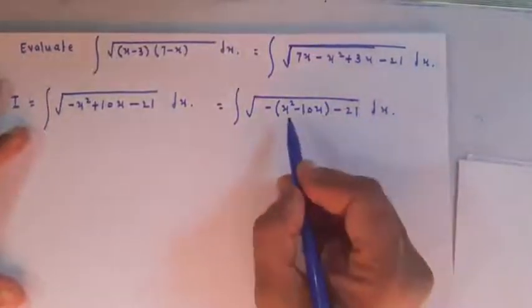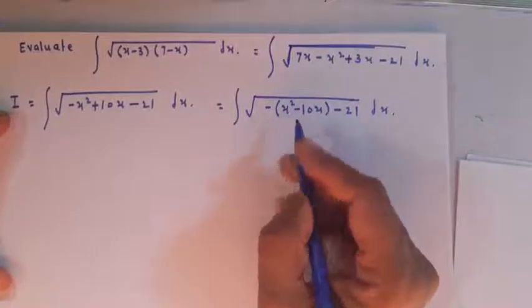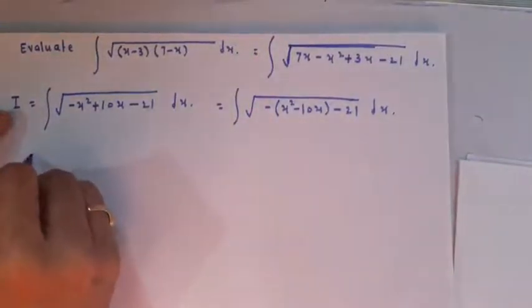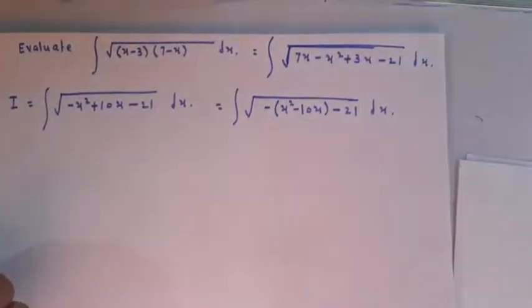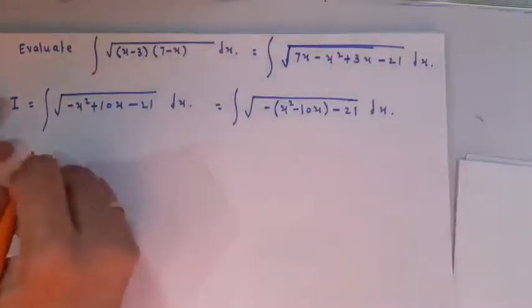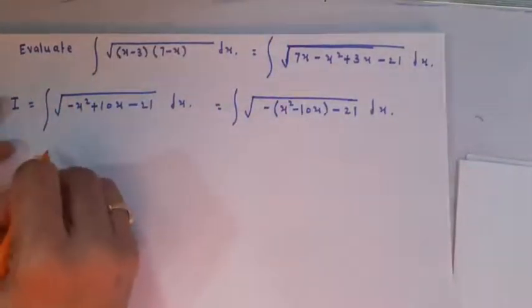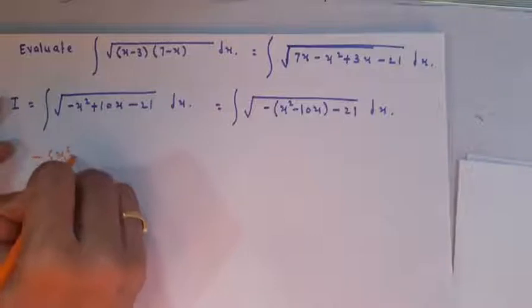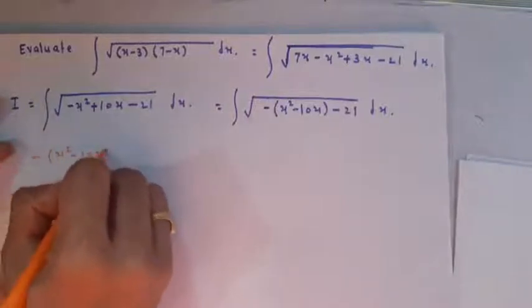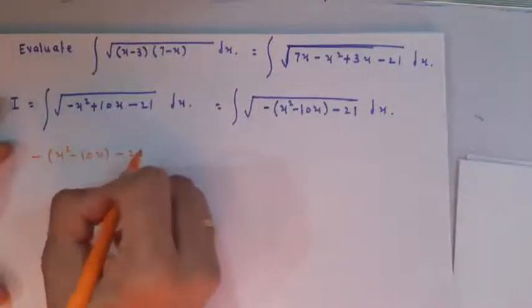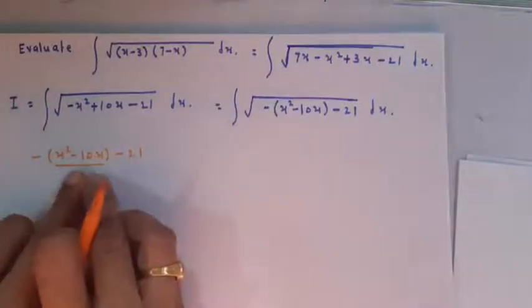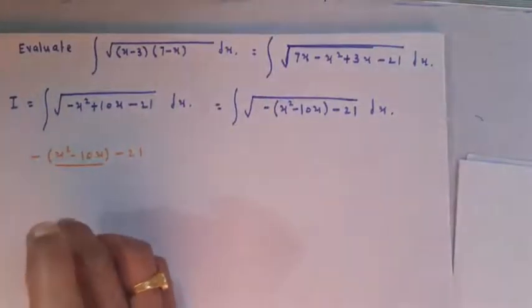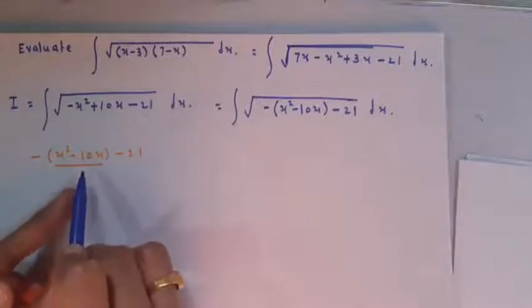Now students, first simplify this, we can simplify or convert this by completing the square, that is minus x square minus 10x minus 21. For completing the square, that is minus b by a whole square.